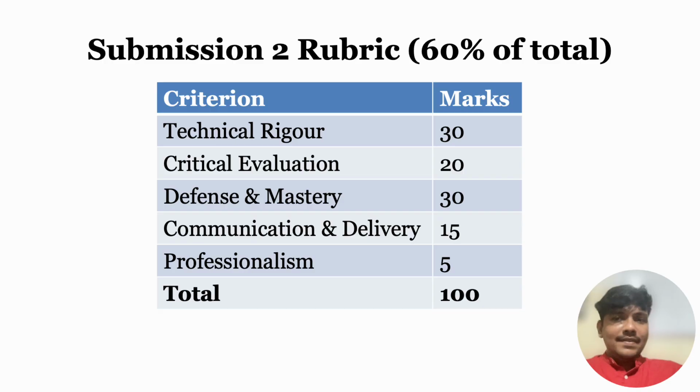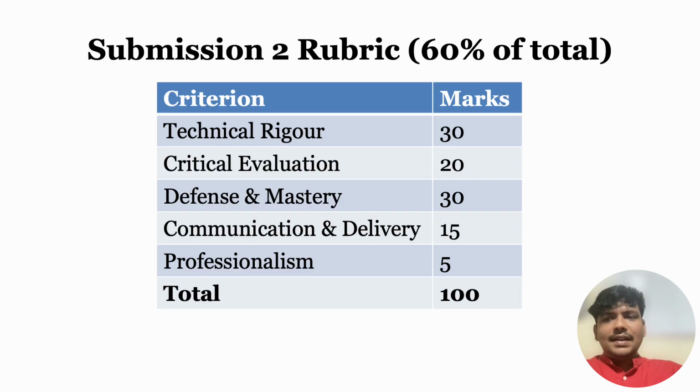The defense carries 30 marks for technical rigor: how accurate, appropriate, and deep your methodology and results actually are. Critical evaluation, your ability to identify limitations, assumptions, and areas for future improvement, is worth 20 marks. Defense and mastery, meaning the quality of your answers under questioning, is also 30.